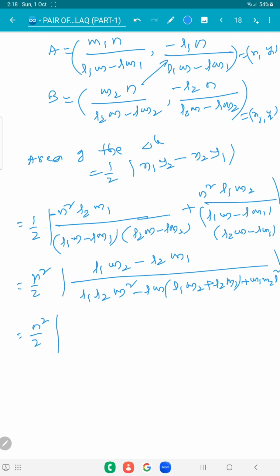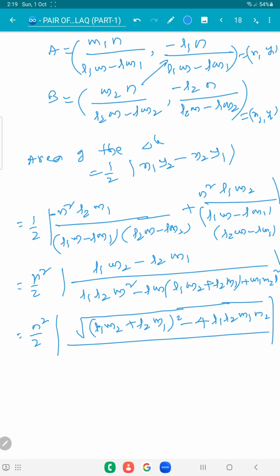if you observe, we got the denominator. The a minus b formula is root of a plus b whole square minus 4ab, minus 4 L1 L2 m1 m2. By the denominator, observe that am square minus 2hlm plus bl square.